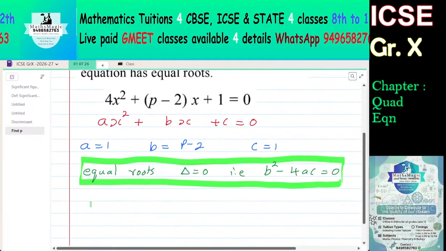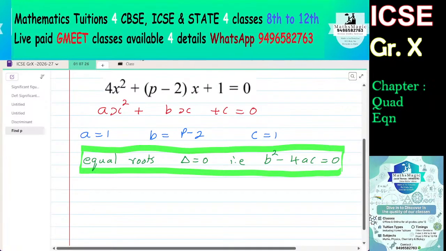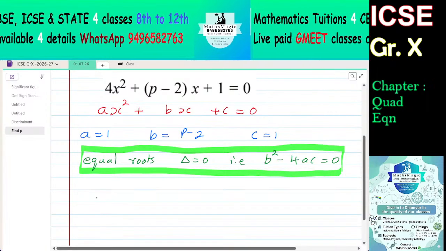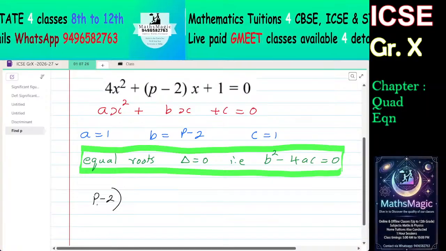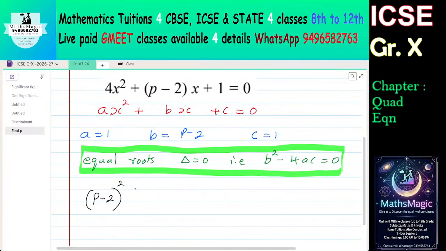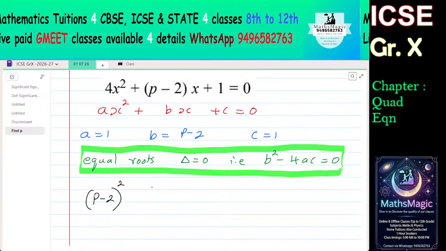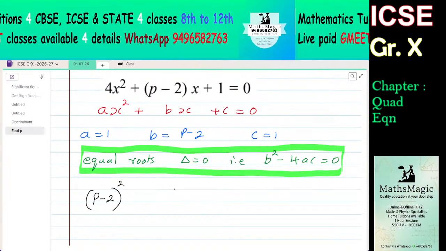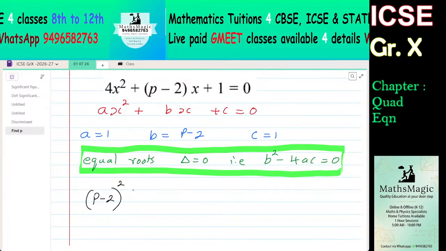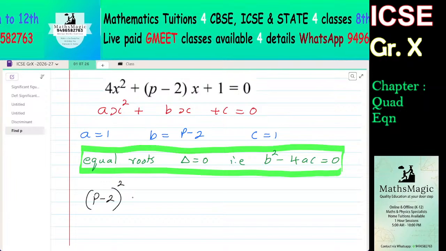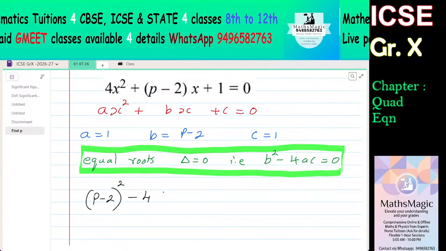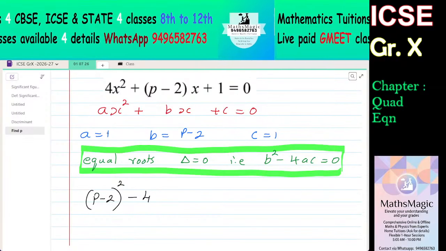So I'm going to substitute the values of a, b, c in this equation, that is b squared is p minus 2 all squared. Okay, I put it as capital P. That doesn't matter much. It's a small letter p that is given here. So p minus 2 all squared minus 4 times a, which is 1, not 4.